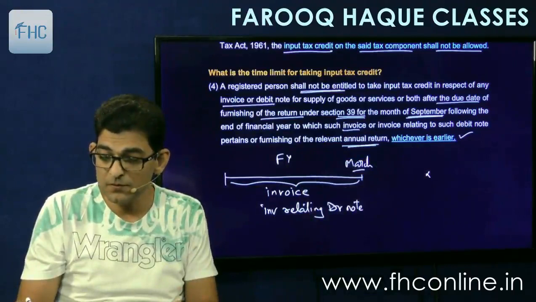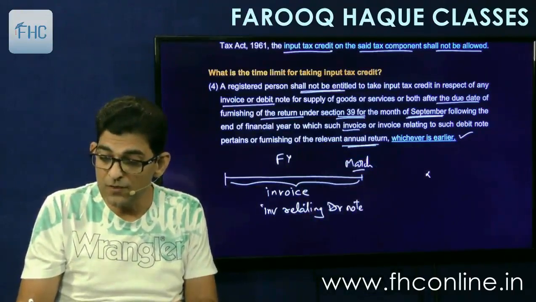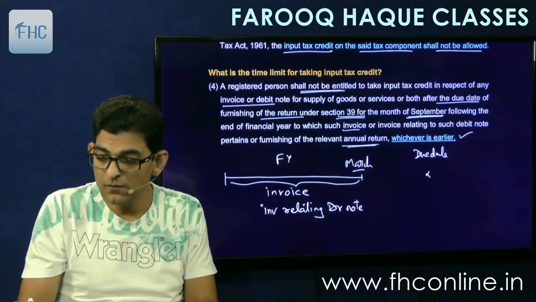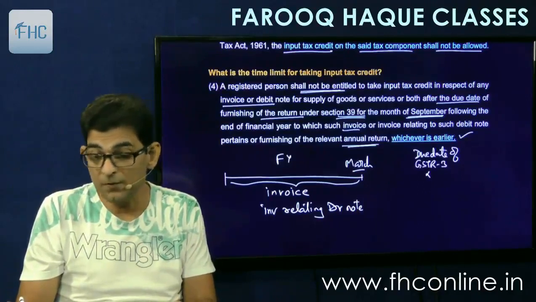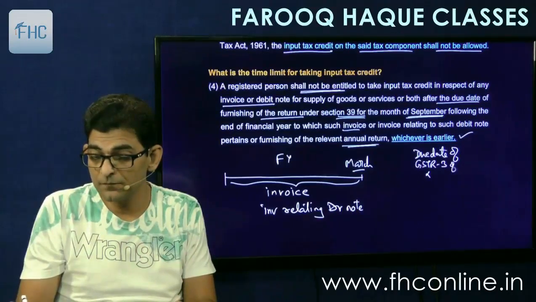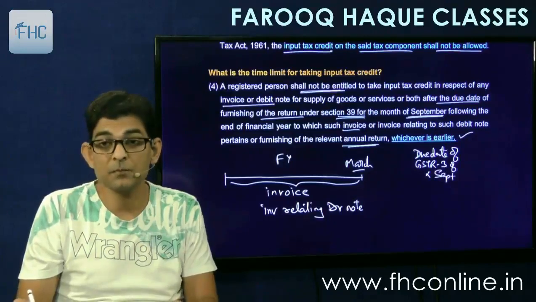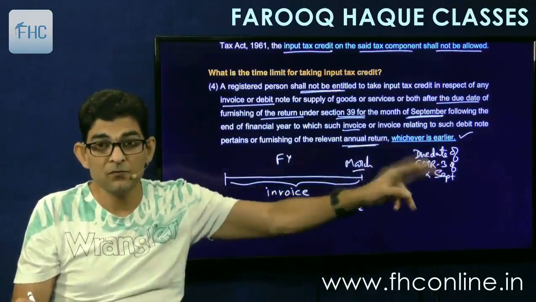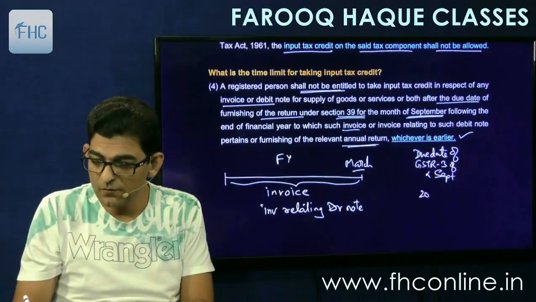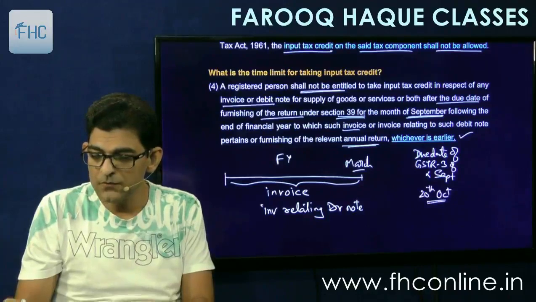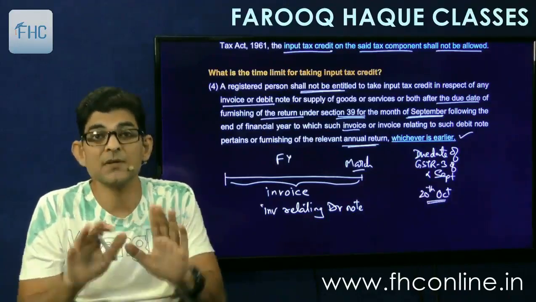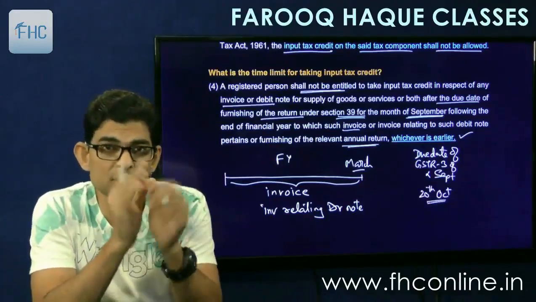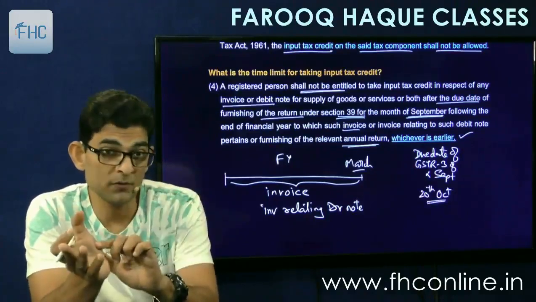We'll have to take the due date of the GSTR 3 return for the month of September. The GSTR 3 due date is the next month's 20th, so September's due date will be 20th of October.